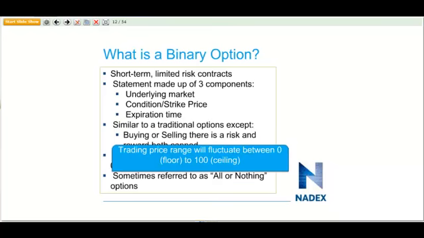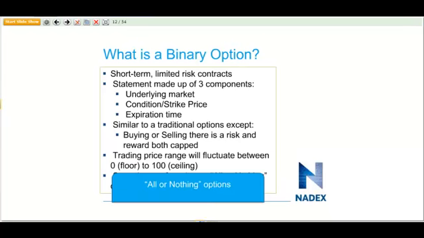The pricing scale trades between 0 and 100, and it's all about the relationship of where the underlying is relative to the strike price. Now, this next point, all or nothing with binaries. It is worth $100 at expiration, but you don't necessarily have to hold on till expiration.